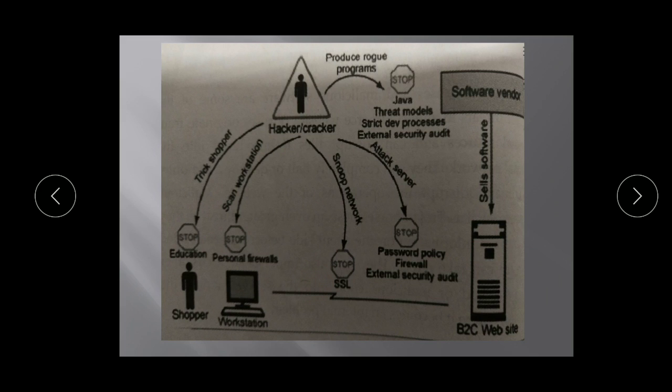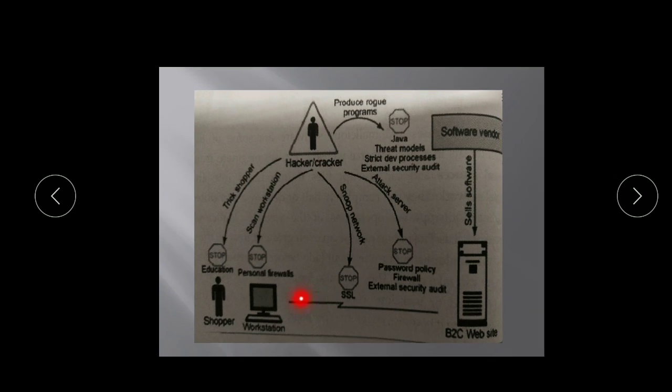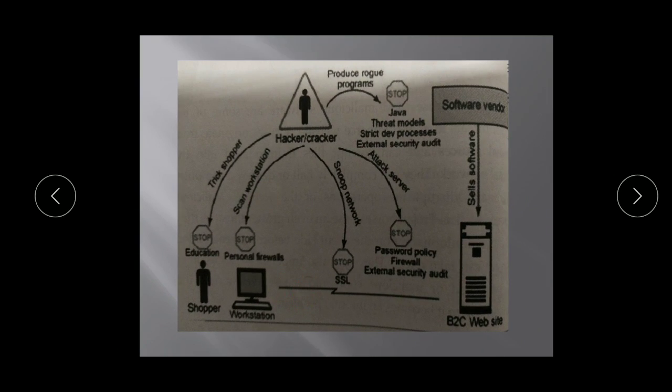The shopper should be educated properly. Then there is the hacker and cracker who is trying to access the data. Then there is the workstation and your B2C, business to consumer website, and there is a vendor who is going to access the data.